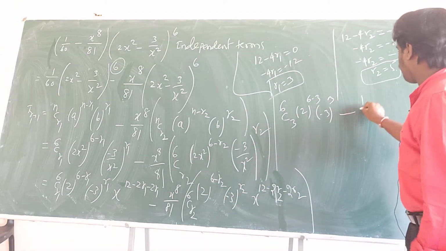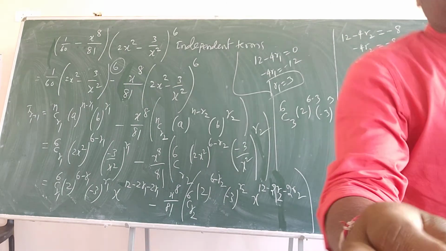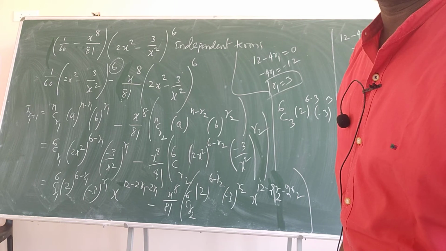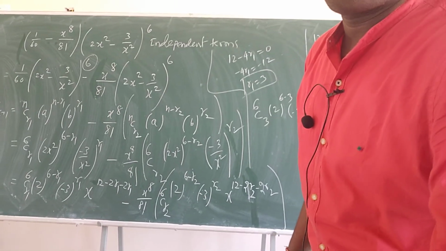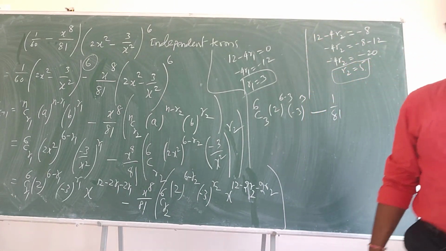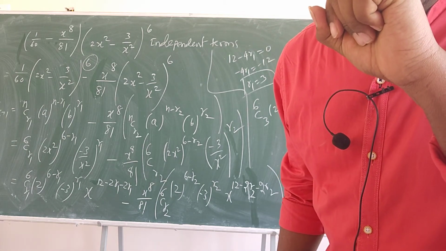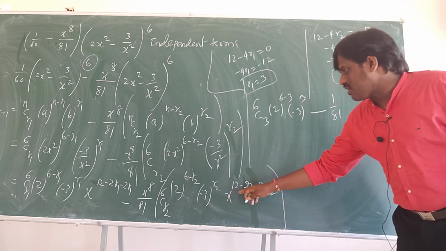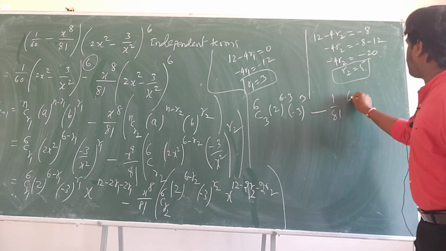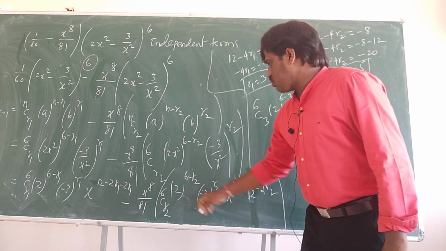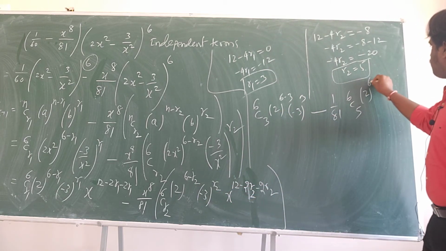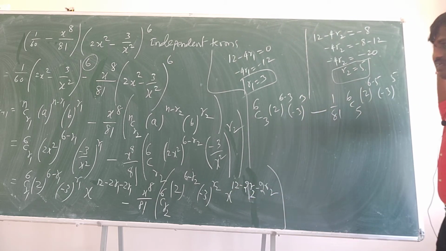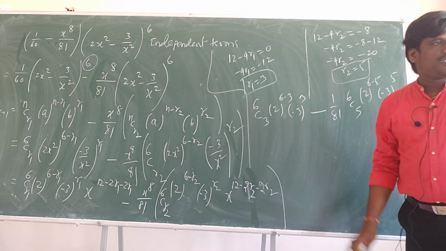So 1 by 81, here 6C5, 2 power 6 minus 5, minus 3 power 5. Correct? Everything is right?